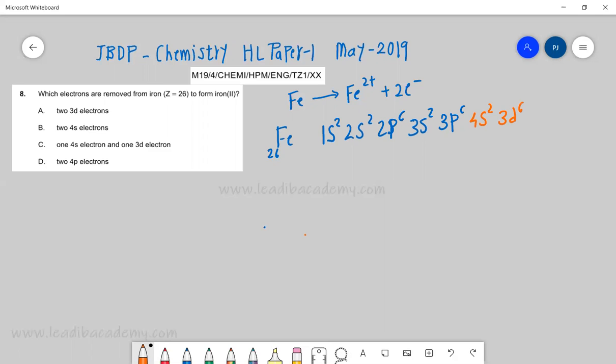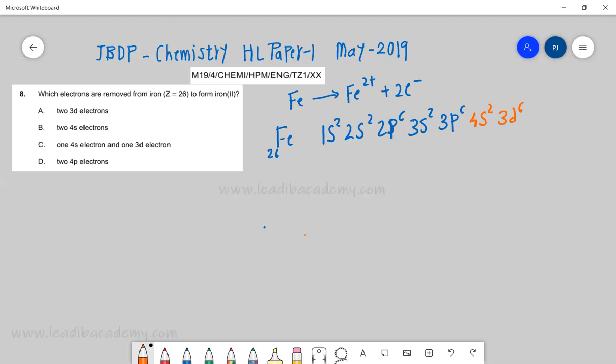Please understand this is the filling order. After 3p6, as per the Aufbau principle, 4s is filled with 2 electrons, and then the remaining 6 electrons are filled in the 3d. The reason is that the 3d orbital is at a higher energy level than 4s.